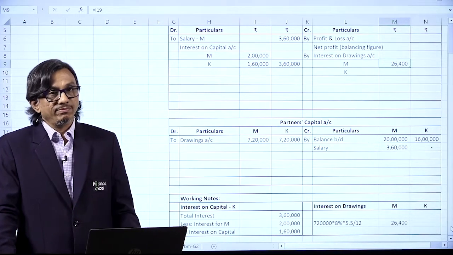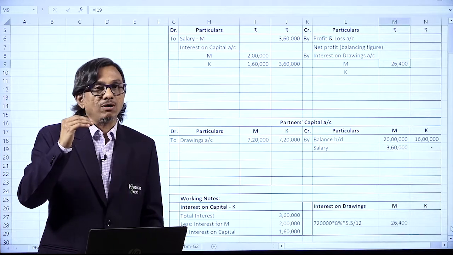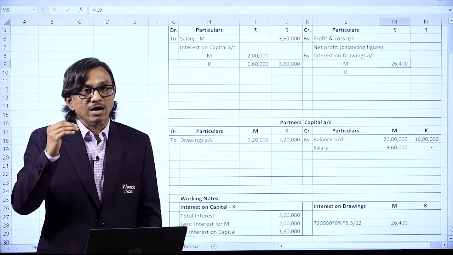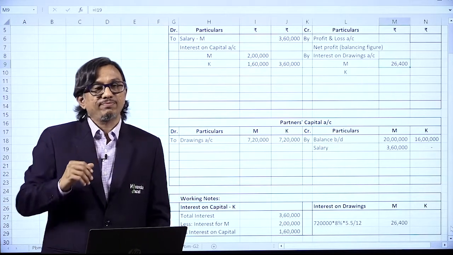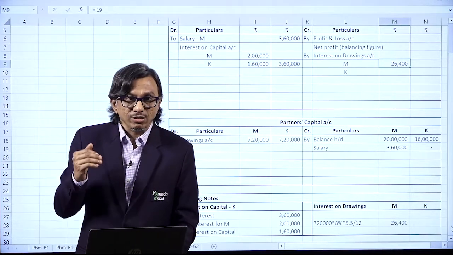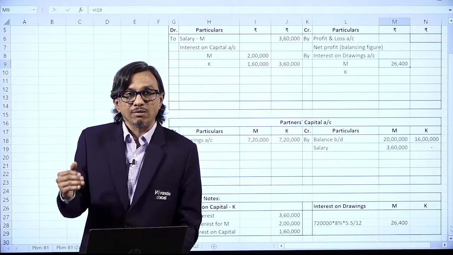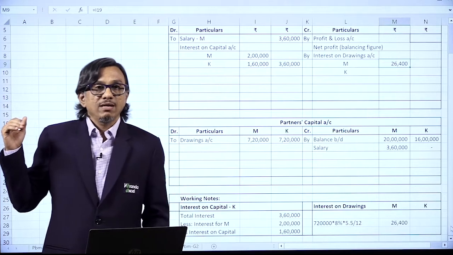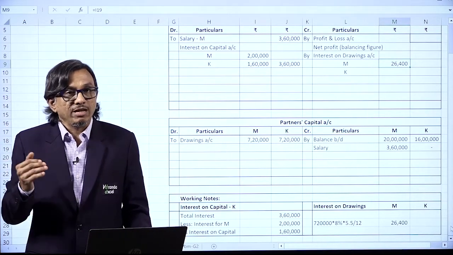Very simple. Suppose Mr. K draws 1,80,000 on 31st March. From 31st March to December, how many months? 9 months. Again he draws 1,80,000 on 30th June. June to December, 6 months. Again 30th September, 1,80,000, 3 months.